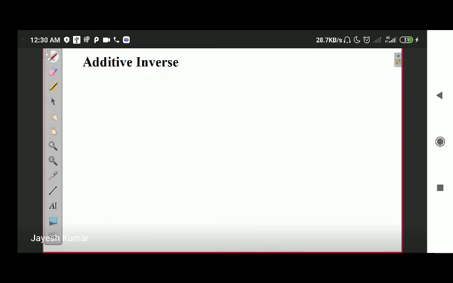After that we have additive inverse. So what is additive inverse?